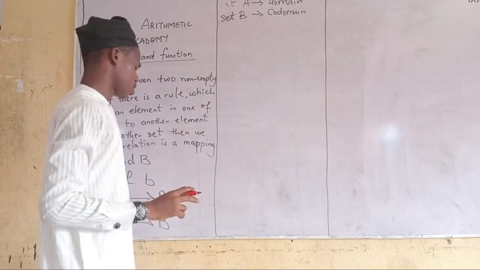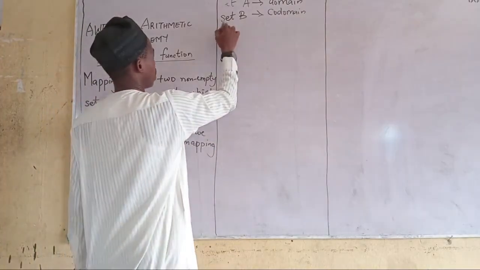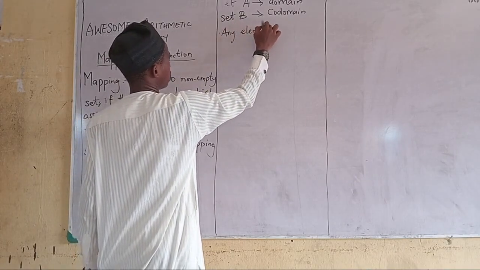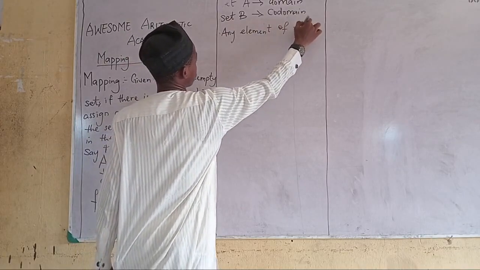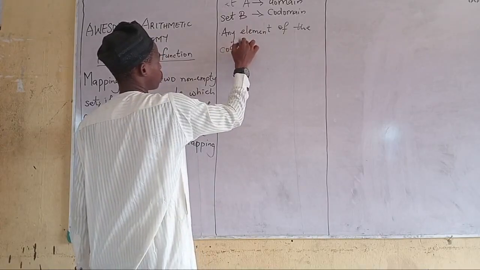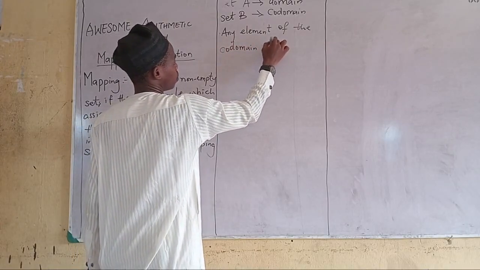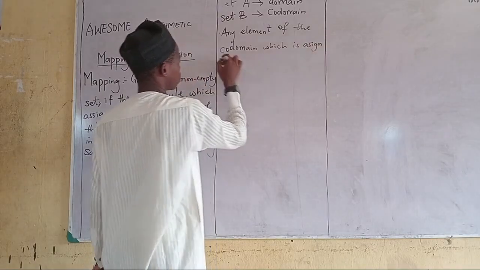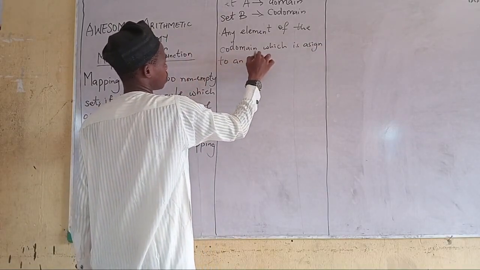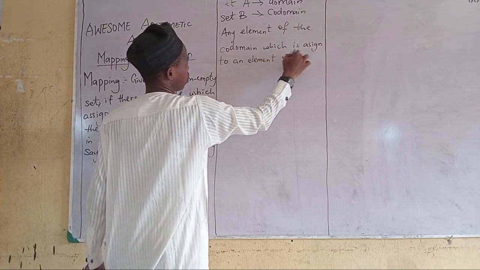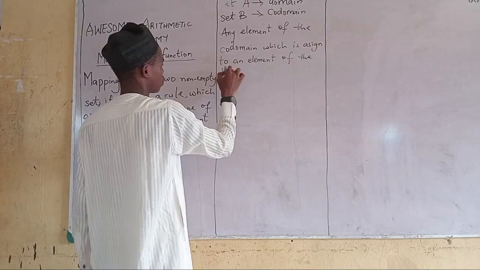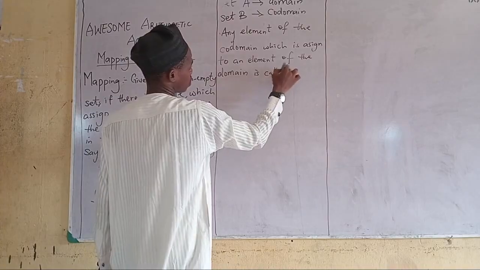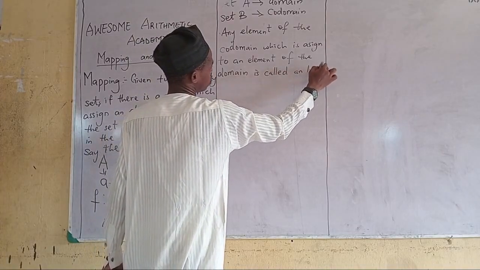Another thing we need to understand here is that any element of the codomain which is assigned to an element of the domain is called an image.